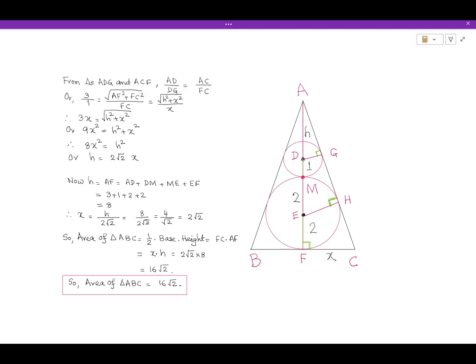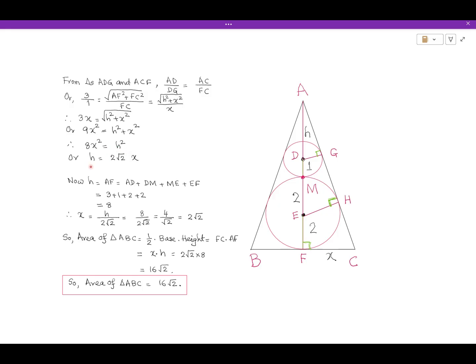And AF being H and FC being X, we get 3 by 1 is equal to the square root of H square plus X square, divided by X. By cross multiplication, we get 3X is equal to the square root of H square plus X square. By squaring both sides, we get 9X square is equal to H square plus X square, or 8X square is equal to H square.